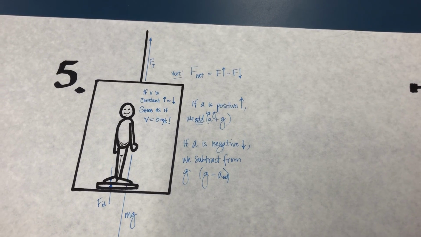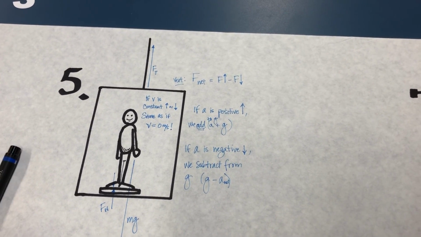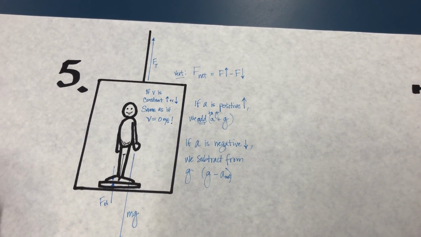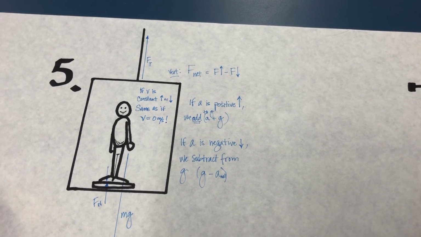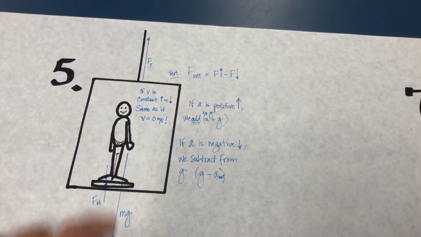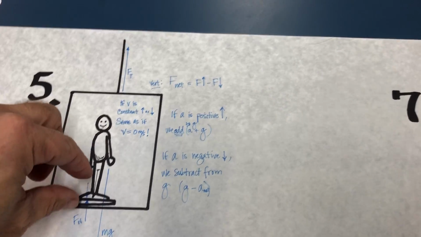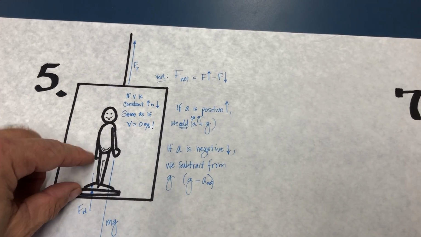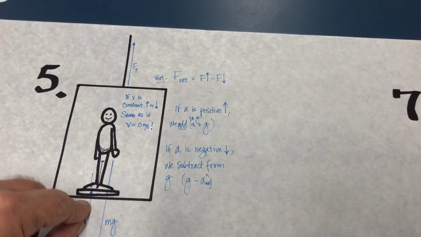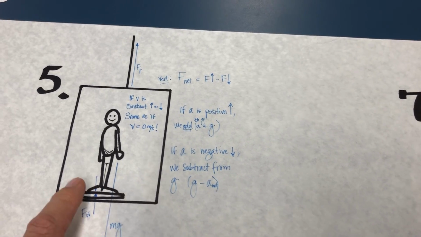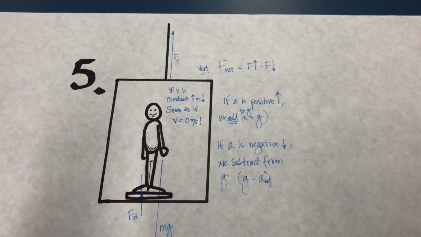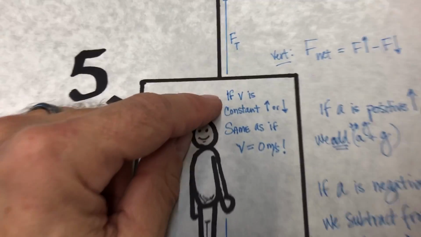So if you're sitting still in the elevator, the mg is pointing down. Remember, the mg of the elevator total is pulling on the tension force. So this is the outside. Then internally, there's another little mg of the person on the scale, and the normal force of the scale pushing back up on the person.